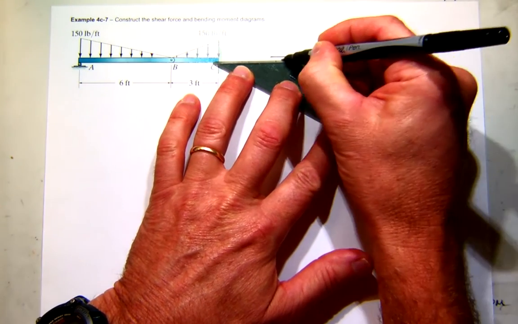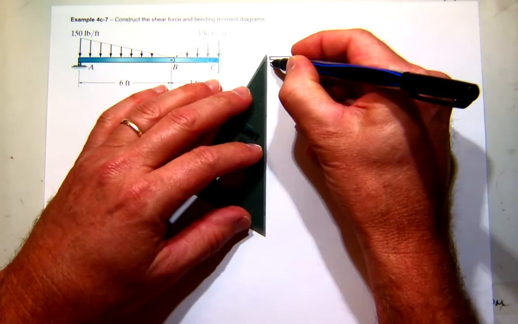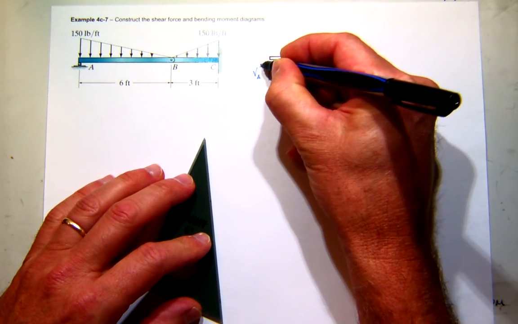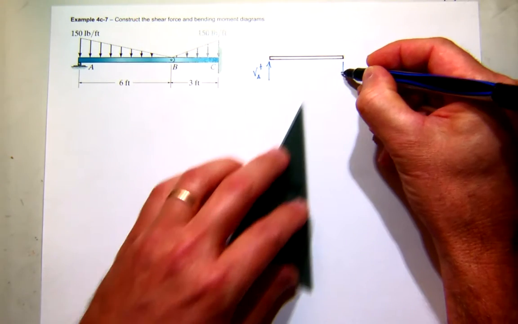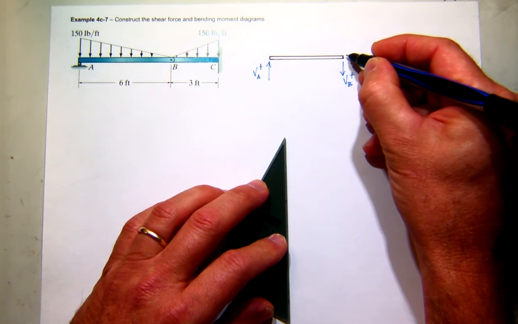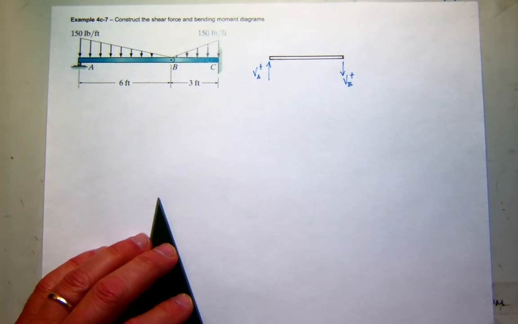I'll draw a free body diagram for the first section. And I will assume, again, that I have a positive shear at A, and that at B, I have positive shear at B. There's no moment at B because it's a pin. There's no moment at A because it's a pin.